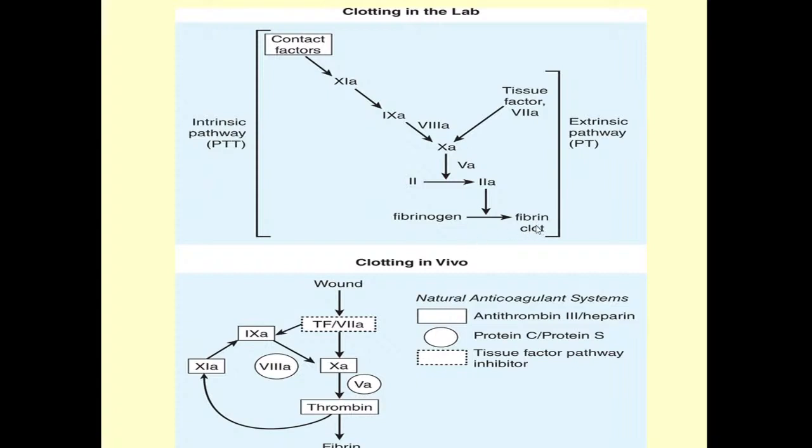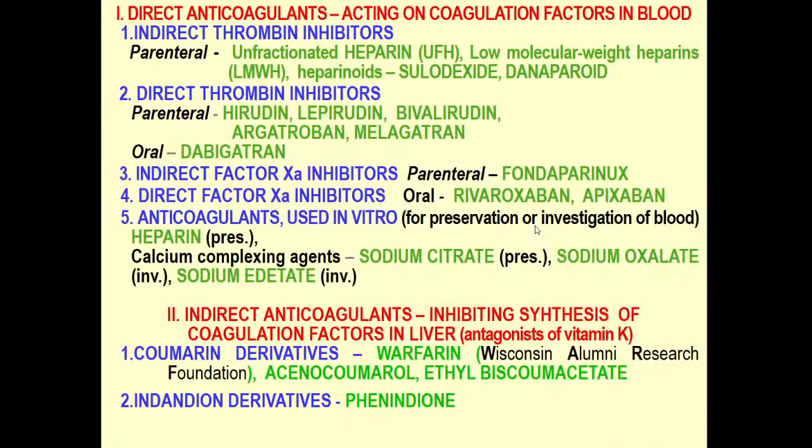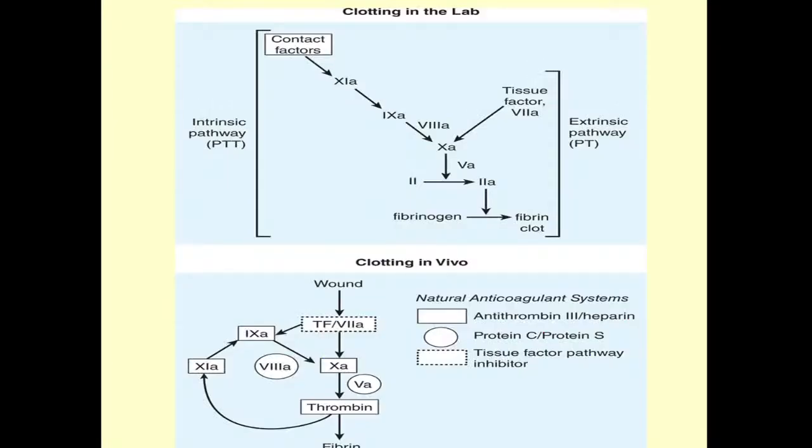The enzyme activating this process is the second factor. Second factor is thrombin. Second is prothrombin, but second activated is thrombin. So if prothrombin becomes thrombin, fibrinogen becomes fibrin.